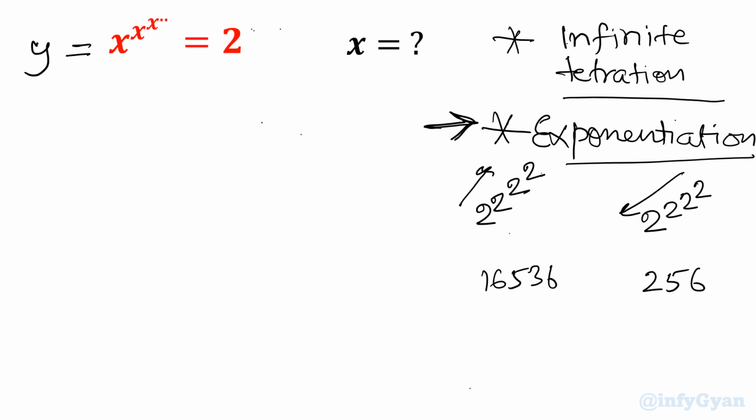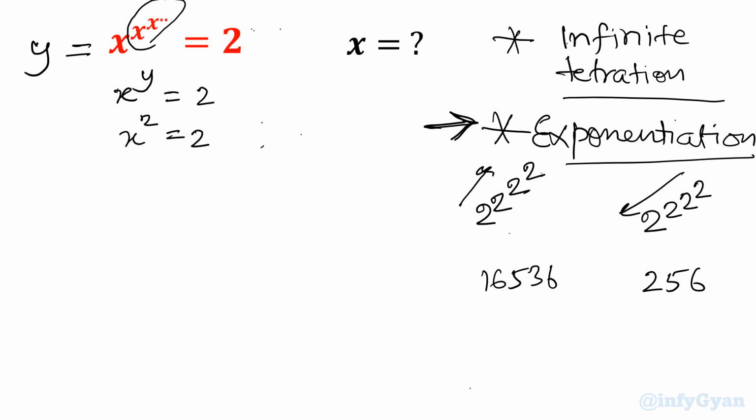Let me consider that we solve in the same way. We put the function equal to y, and y is equal to x^x^x^ to infinity, which is equal to 2. This is again an infinite series, so I put y equal to 2 there, and x squared is equal to 2.